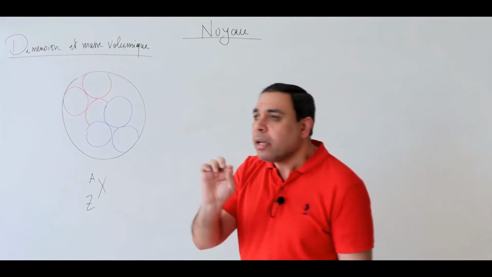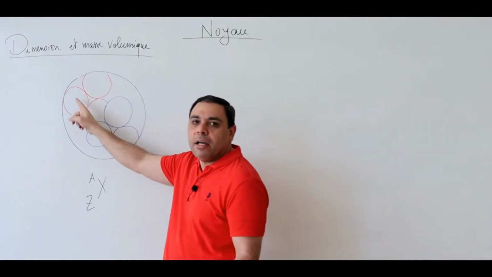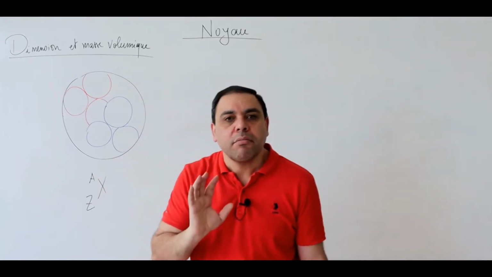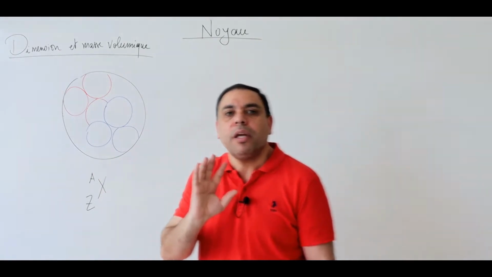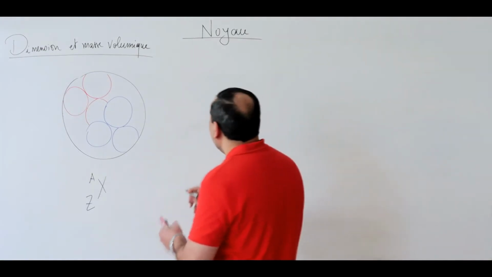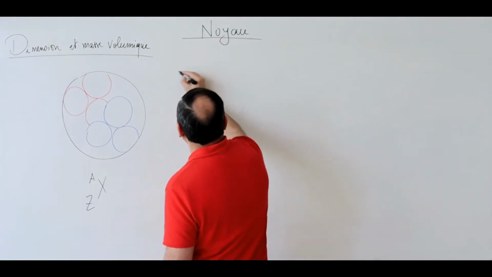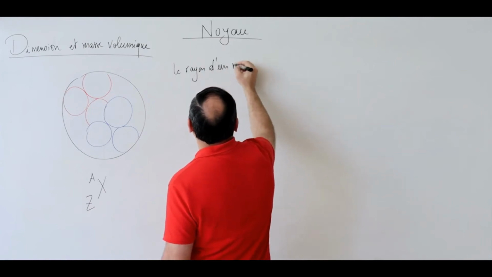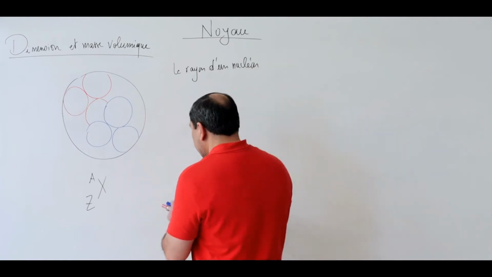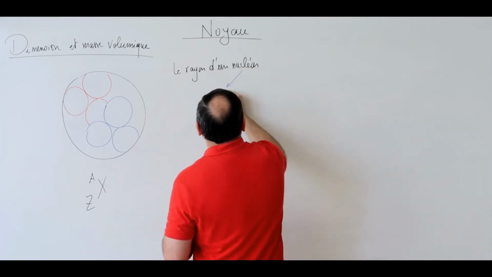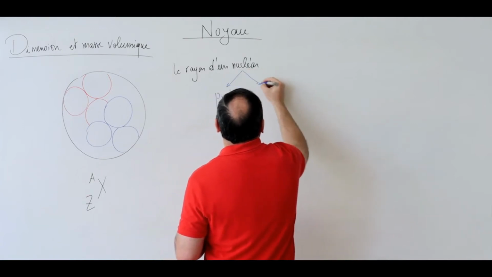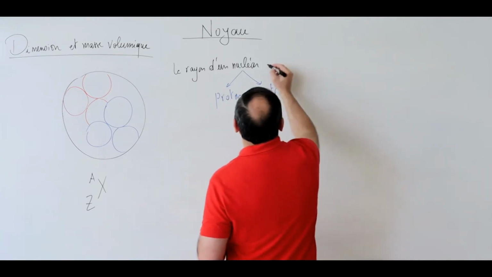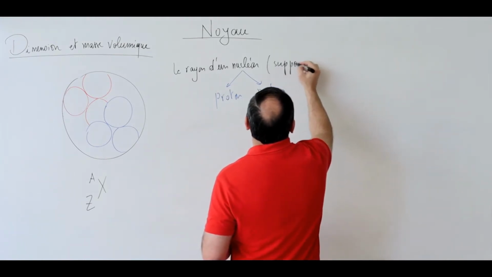We'll assume that each nucleon, whether it is a proton or neutron, has a spherical form of radius r0 equals 1.2 Fermi. The radius of a nucleon, that is to say, a proton or a neutron, assumed spherical, of course.